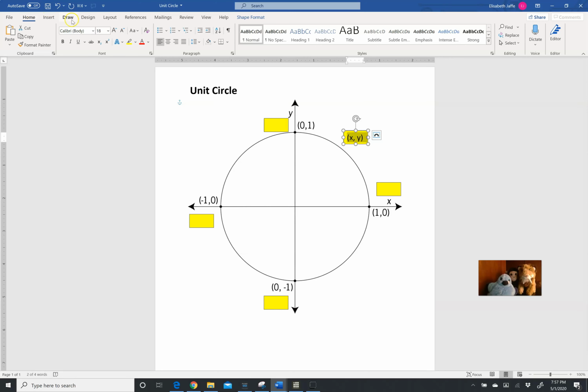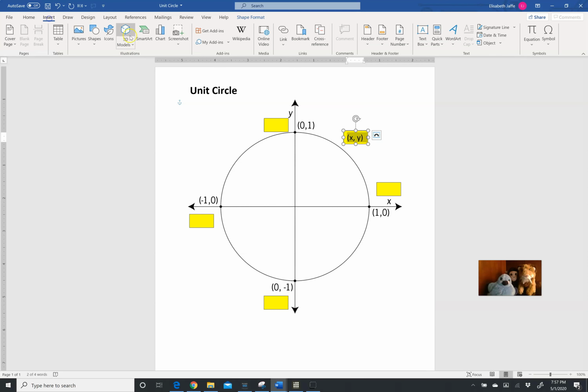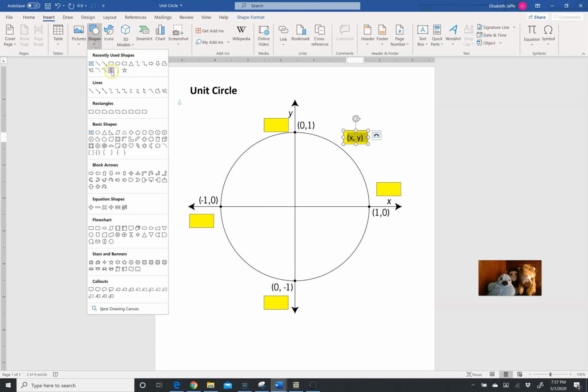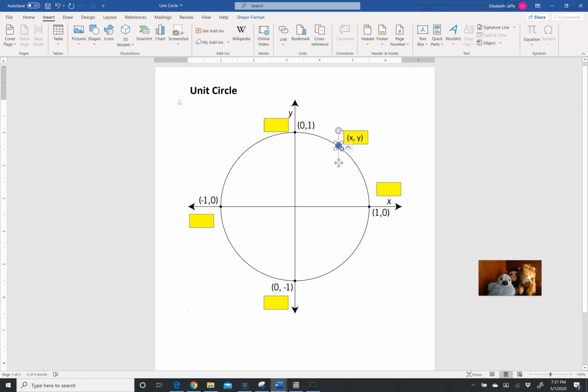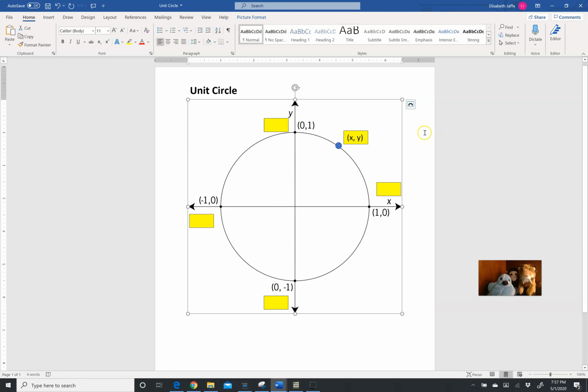Let's make it over here. Okay, that point right there is the point x comma y. And we need to figure out some sort of relationship between our x value and our y value.